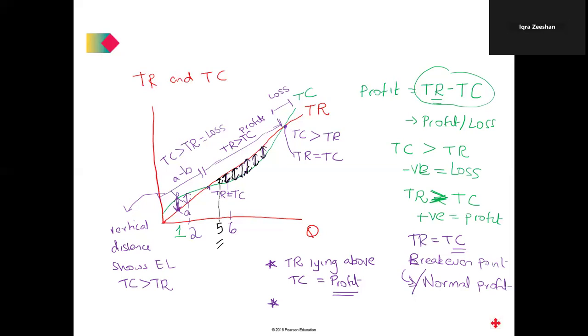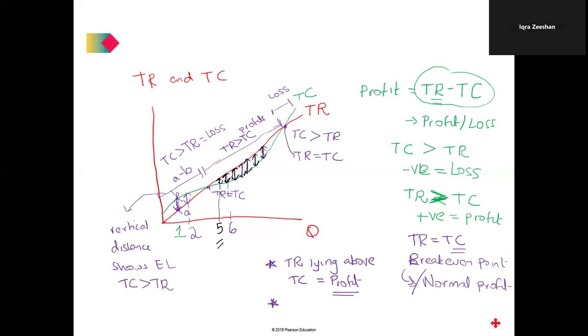So the point number one is total revenue should be lying above the total cost curve. This will give us the profit. And the greater the distance between total revenue and total cost curve, the greater the profit we will get. So in a previous table, we were getting maximum profit at production level 9.